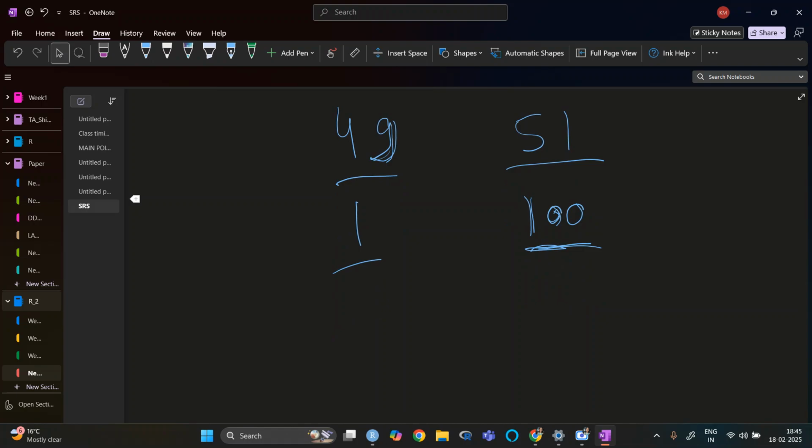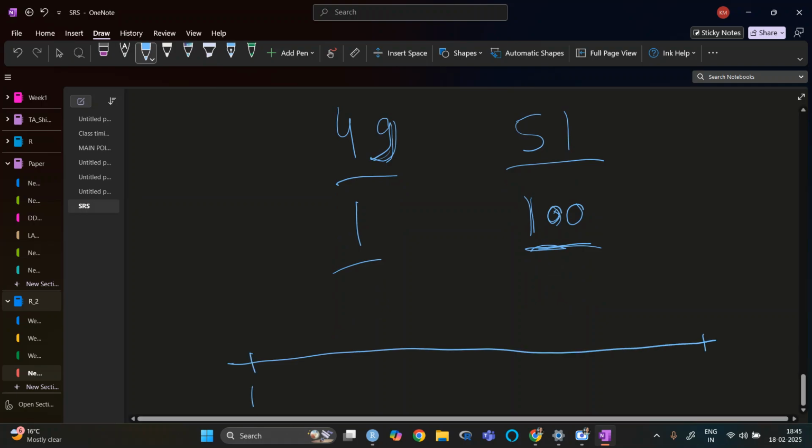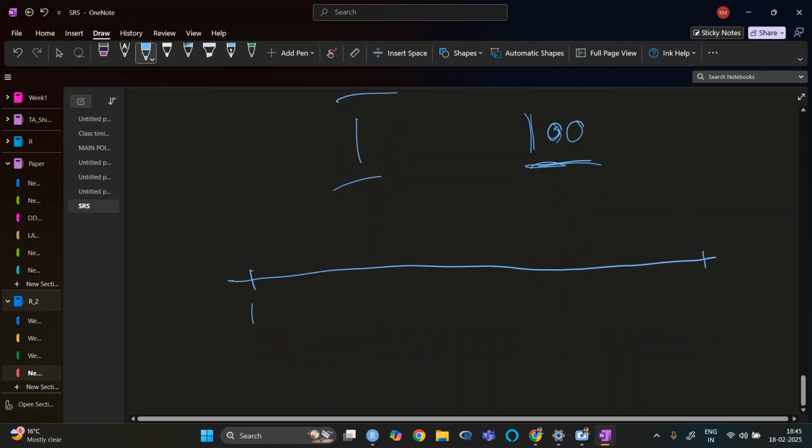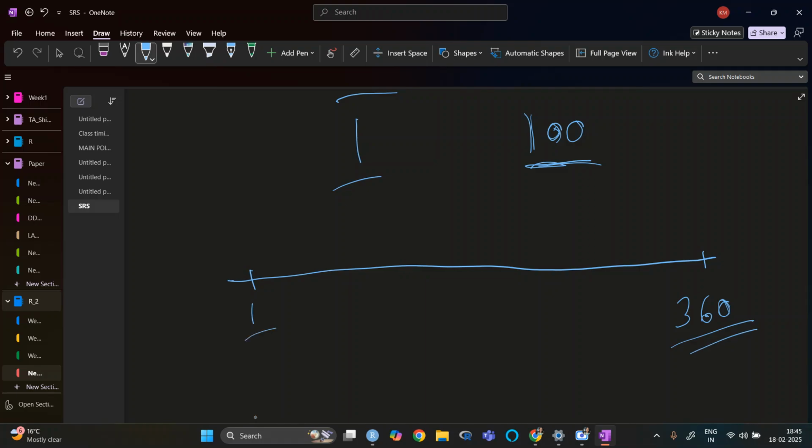So if the variability is very high towards the higher points, let's say this is, I don't remember exactly, 360 marks or whatever, let's say 1 to 360 marks, and if the population size is more here and less there, the cutoff goes high, otherwise the cutoff goes low.